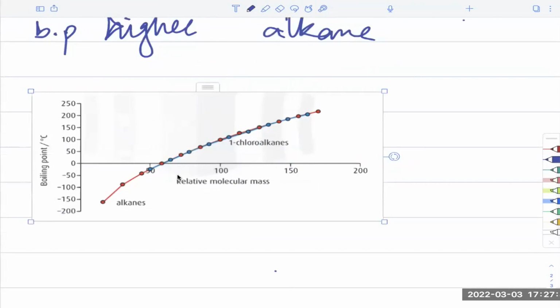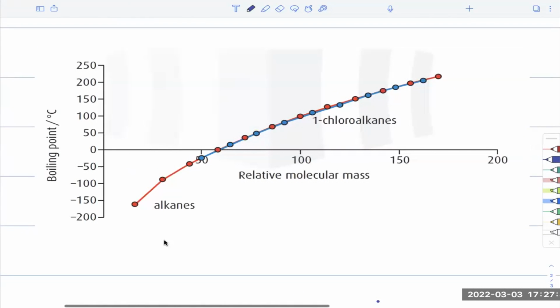If you look at this graph, what's happening is that the first alkane has a boiling point that's really low, less than minus 150. But the first haloalkane has this as its boiling point.